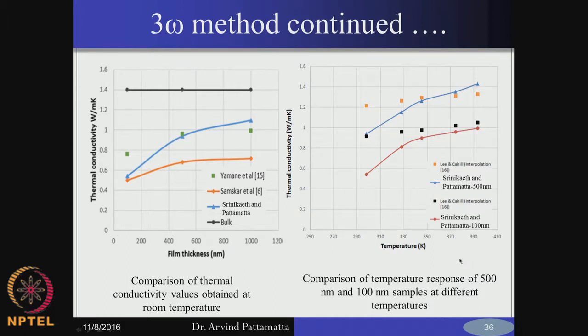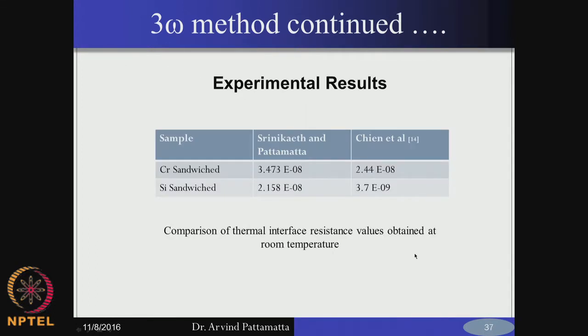Also, this can be extended to measure the thermal interface resistance. We have done some measurements where we have chromium sandwiched between two silicon dioxide substrates, and also silicon sandwiched between two silicon dioxide substrates. So, we have got the values of thermal interface resistance. We have also compared the order of magnitude with some measurements done before.